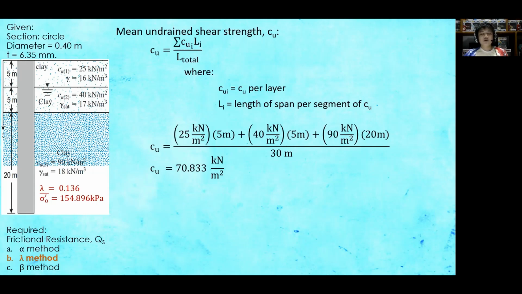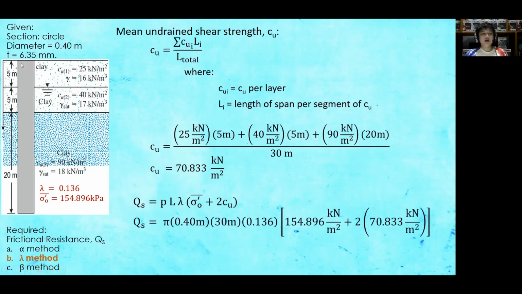Therefore, for QS, QS is P times L times lambda times the quantity sigma O prime bar plus twice of CU. Substitute the parameters for the perimeter. Since this is a circle, we have now pi times d of 0.4 times the total length, that is 30 meters, times lambda from our table, 0.136.